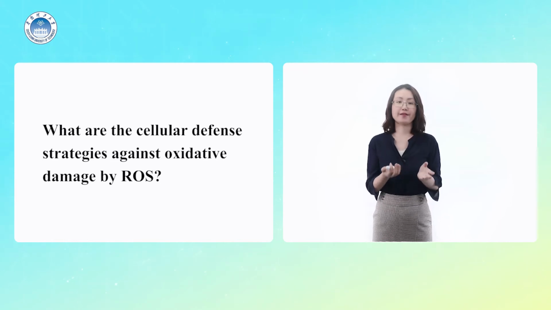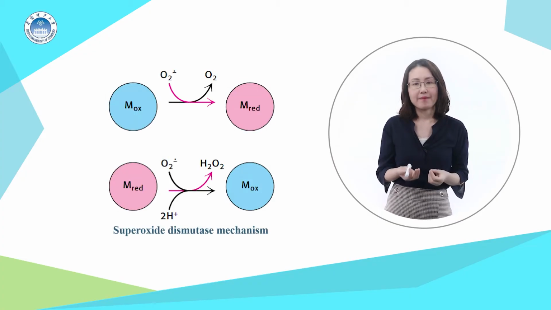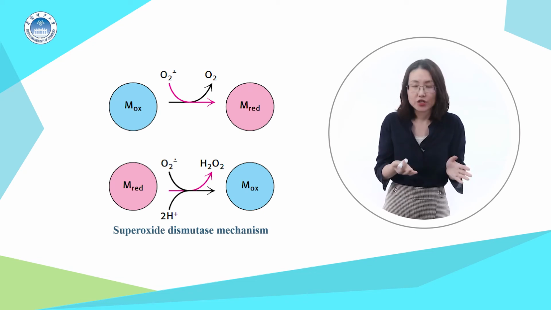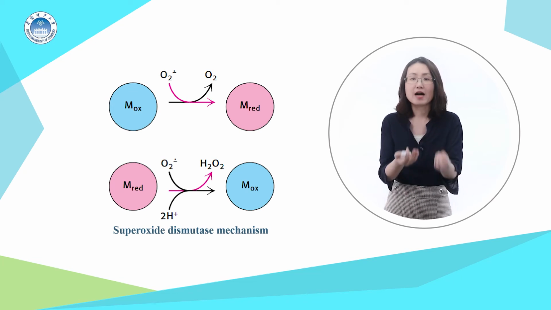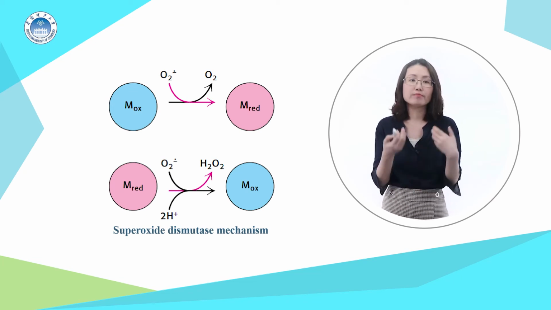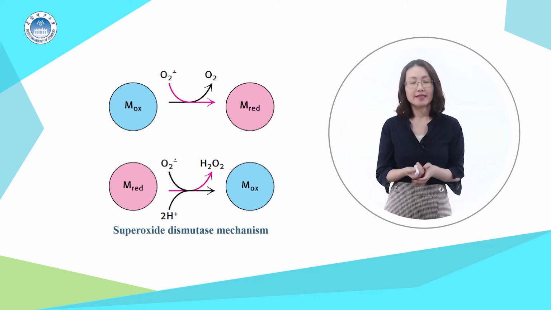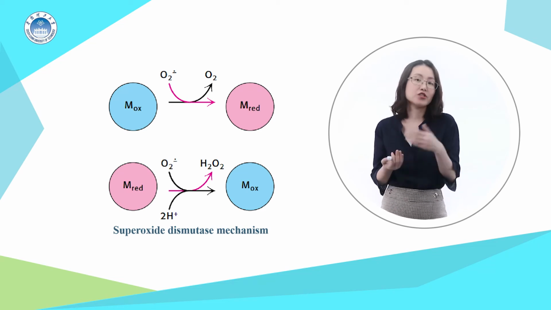What are the cellular defense strategies against oxidative damage by ROS? Chief among them is the enzyme superoxide dismutase. This enzyme scavenges superoxide radicals by catalyzing the conversion of two of these radicals into hydrogen peroxide and molecular oxygen. These enzymes perform the dismutation reaction by a similar mechanism.